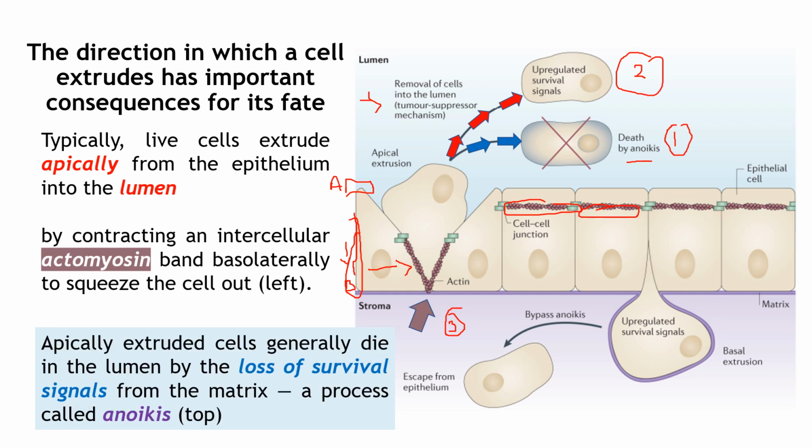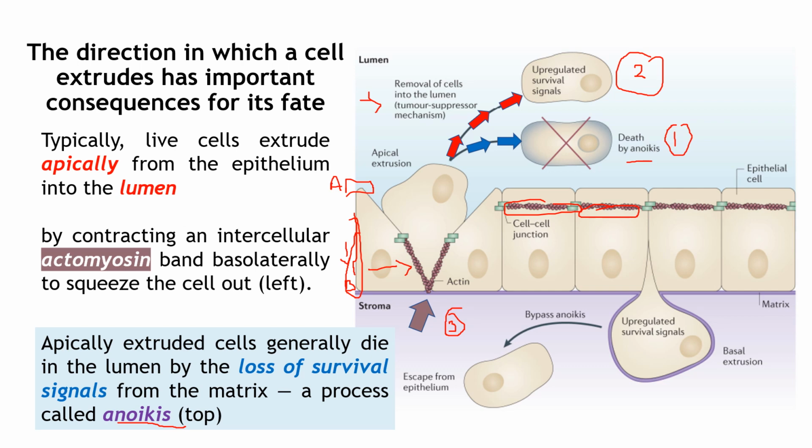What they are saying is that when the cells are extruded apically, they start losing survival signals, and they die by this specific process of cell death. So far this is more or less similar to what we heard before.